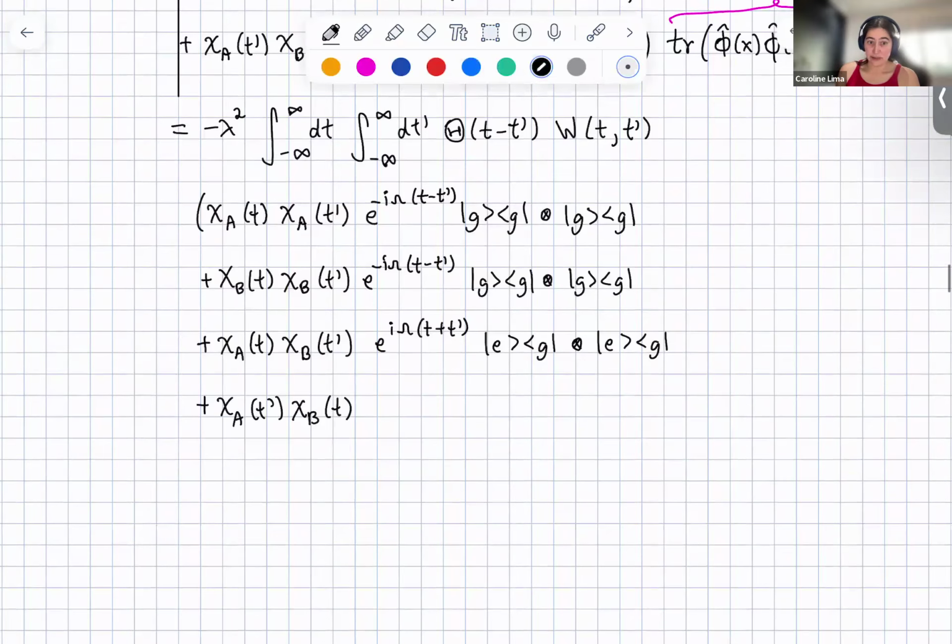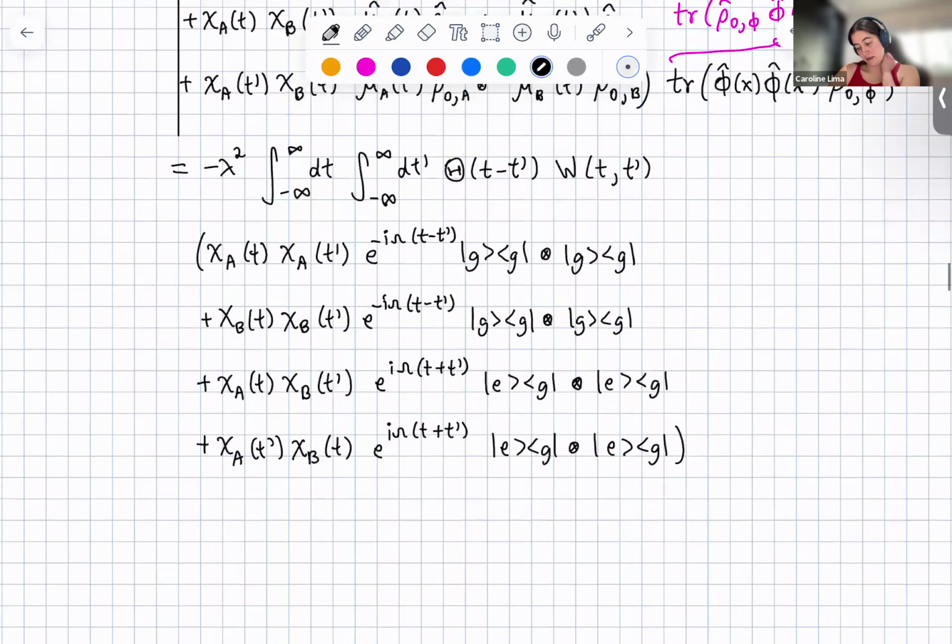But if I swap, nothing really happens here. So I just have the same thing for this exponential, right? And then I'll get the same state here. Okay. And this one is already in the order that I like, so I don't need to do anything else.